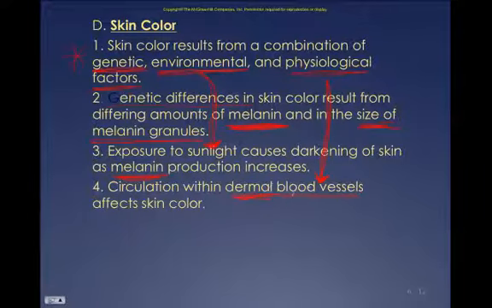And the reason being is, remember that your epidermis does not have blood vessels. It's your dermis below the epidermis that actually has blood vessels running through it, I should say. And so again, depending upon what your circulation is like through those dermal blood vessels is going to affect your skin color.